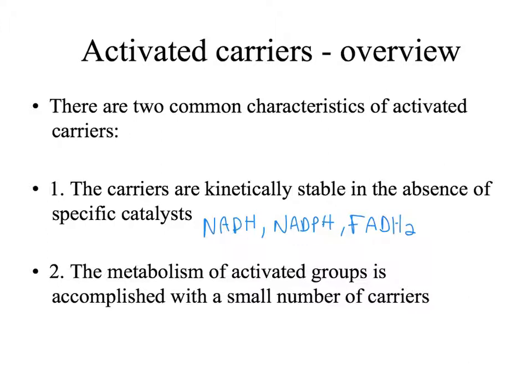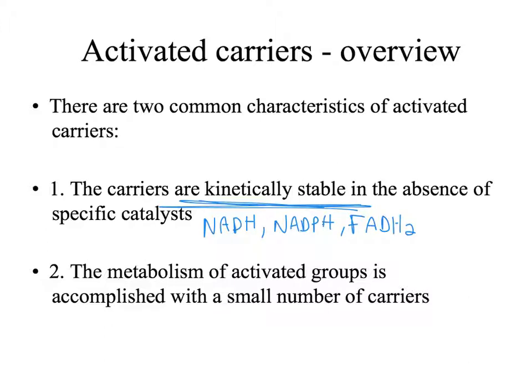The fact that we have kinetically stable substances, so they react slowly in the absence of a catalyst, right? So they need to be kinetically stable, again, reacting slowly in the absence of a catalyst. Because that's the case, it allows enzymes to control the flow of electrons. And because we can control the flow of electrons, the reducing power of the substances is going to be controlled as well. So that kinetic stability is due to the fact that these substances react slowly when we don't have a catalyst present.